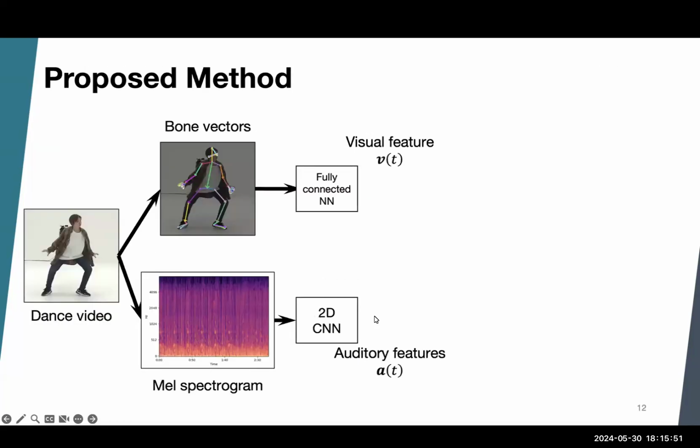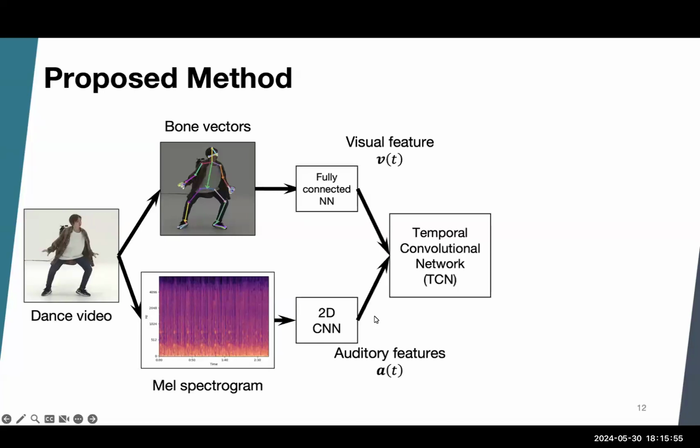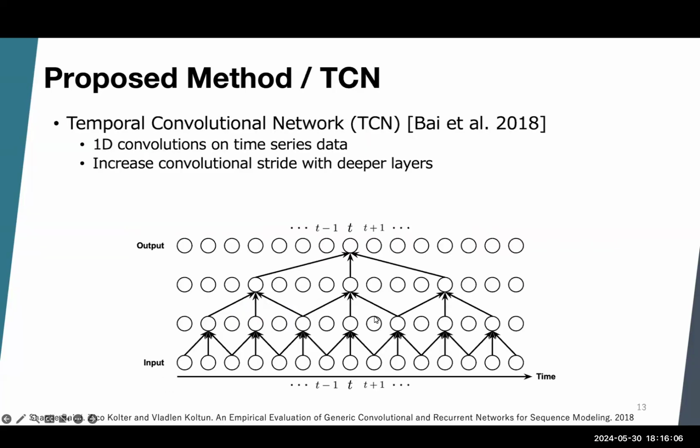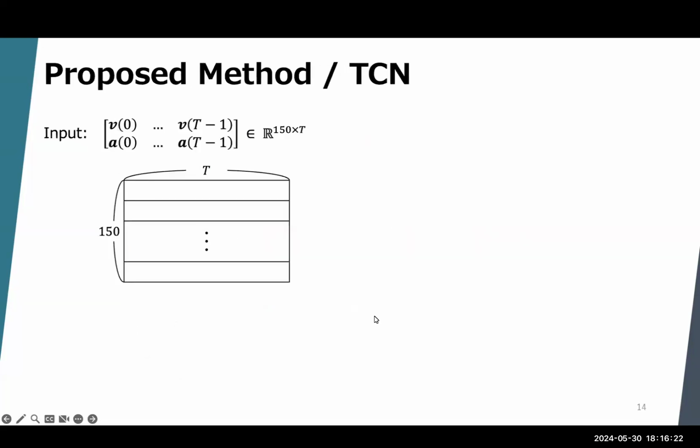Next, we input the extracted visual and auditory features into a temporal convolutional network, TCN. The output of the TCN represents the probability that the video is segmented at frame t. A TCN is a network that performs a 1-dimensional convolution on time series data. By increasing the dilation of the convolution as the layers deepen, it can incorporate long-term past and future information into the computation.